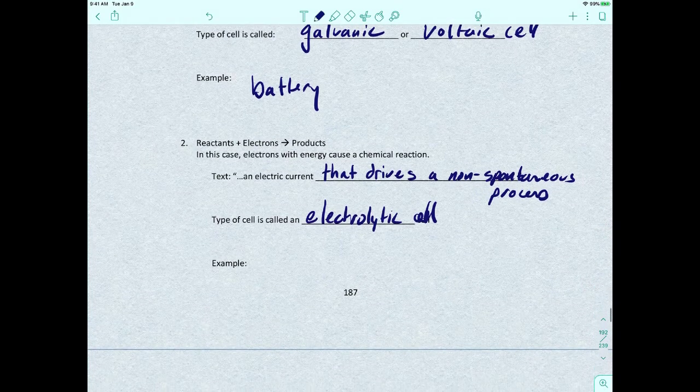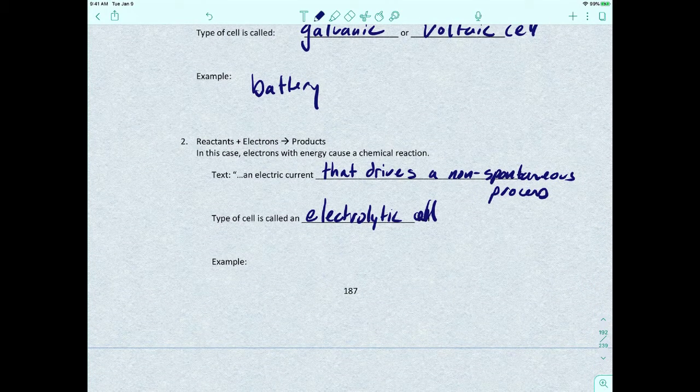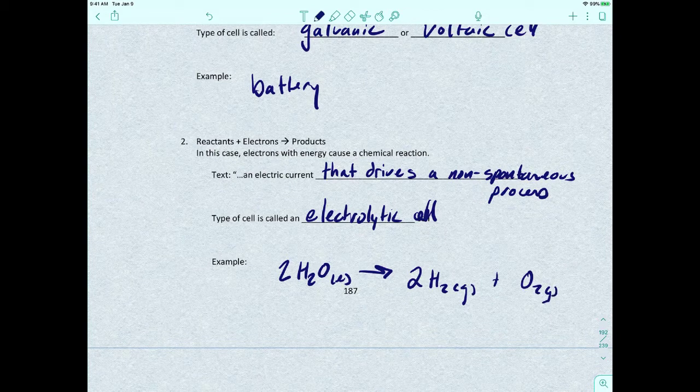An example of this is, let's say you're taking 2 moles of water and you're trying to split the water to form hydrogen gas and oxygen gas. So this is the electrolysis of water. If you run an electric current through water, you can actually split water molecules into hydrogen and oxygen gas.